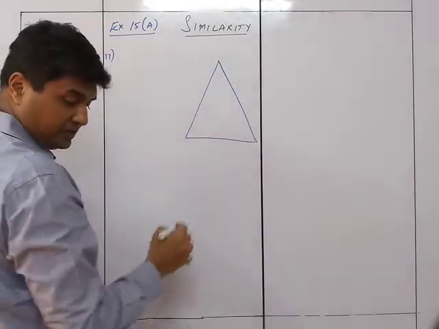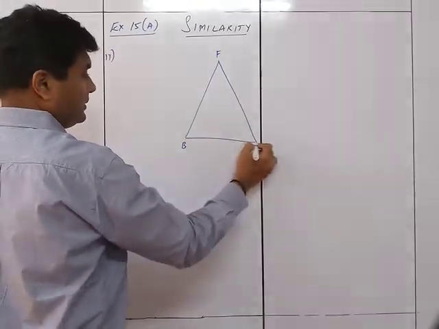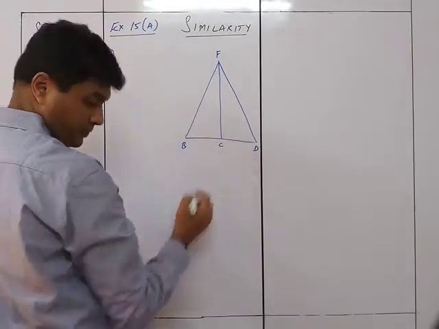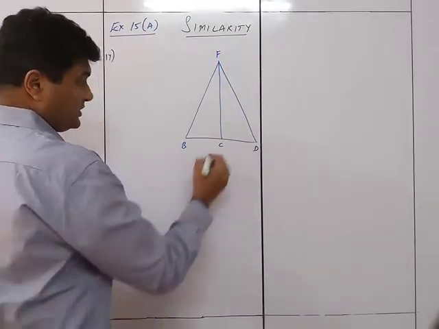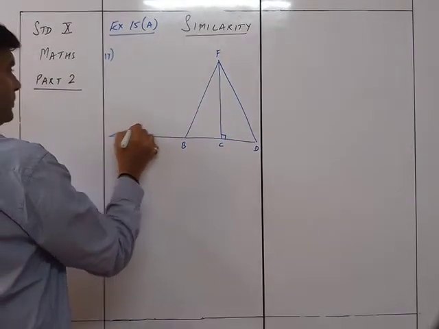So this is the figure, that is F, B, D, C is over here, which is 90 degrees, and you extend like this and put a line over here.